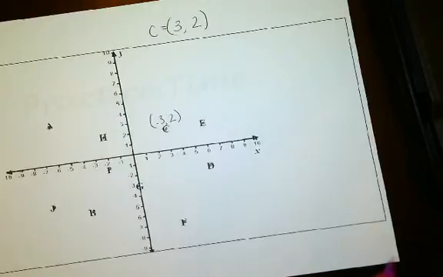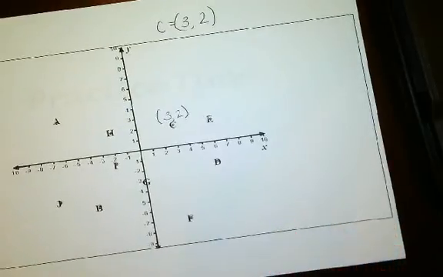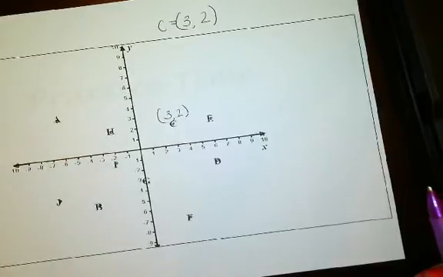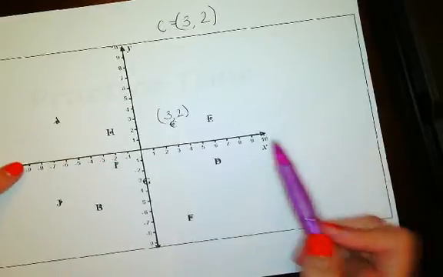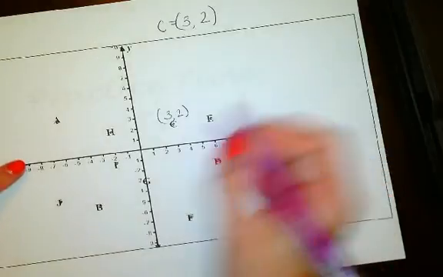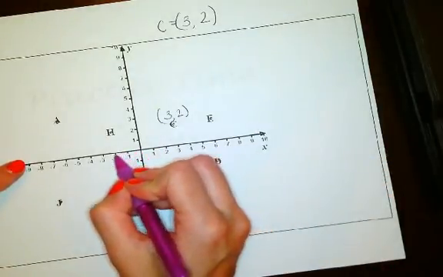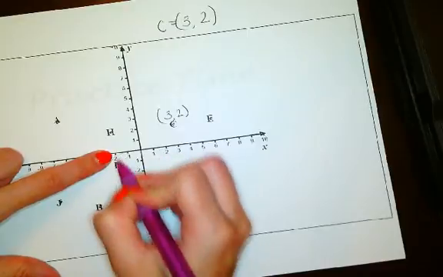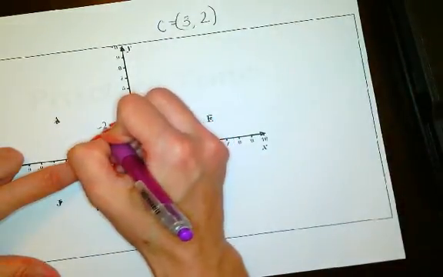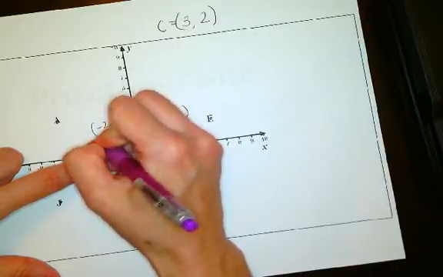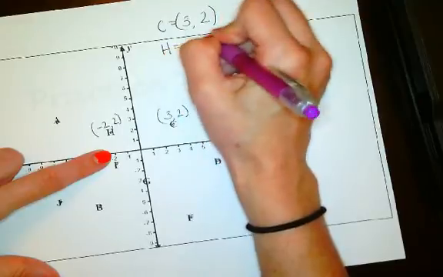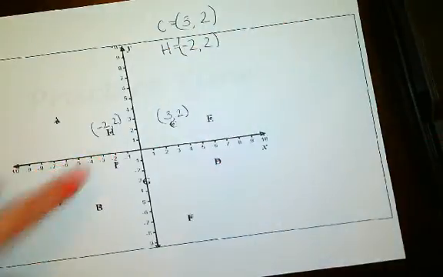Let's go ahead and move out of quadrant 1, and let's try H. This is going to be in quadrant 2, because remember we work counterclockwise, and we're going to walk over to the negative 2, and we're going to fly up to the positive 2. So H is located at negative 2, positive 2.